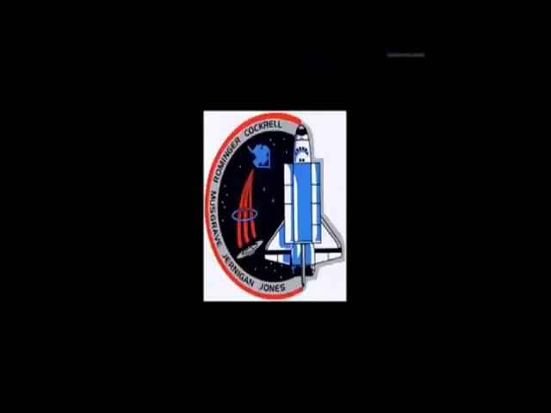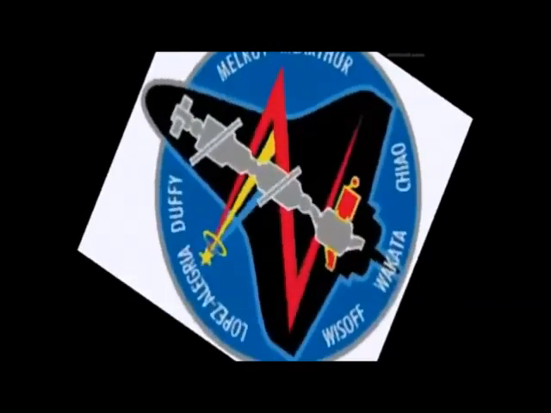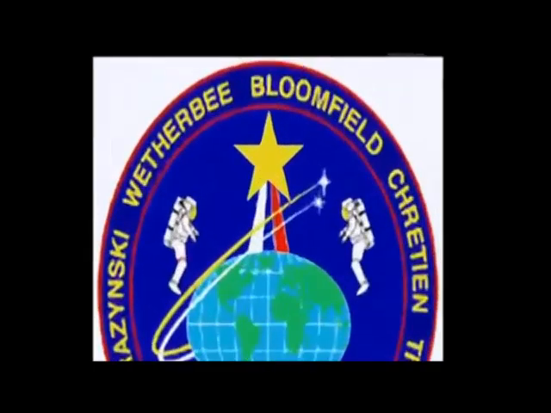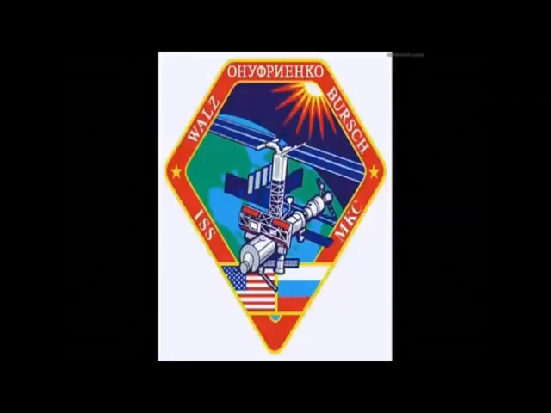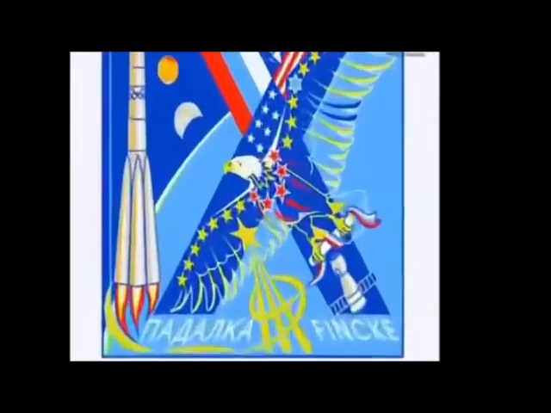If you go to the Space Shuttle program, the original Space Shuttle STS program patch is a triangular patch that, again, hides the use of the chevronic vector symbology. And that also goes for many of the STS-specific mission patches. Every single one of the International Space Station expedition patches carry the vector symbology.